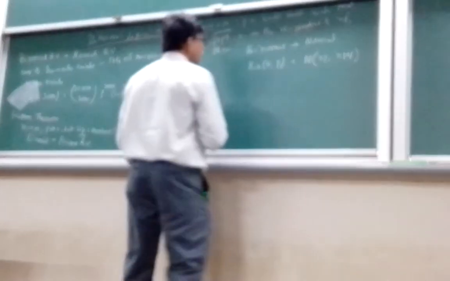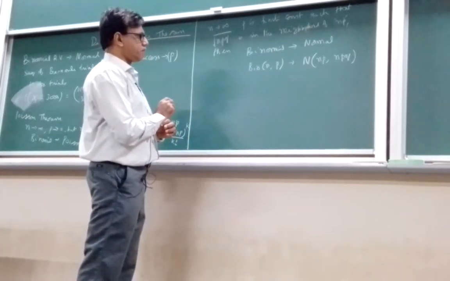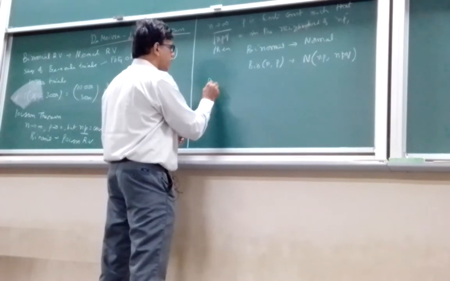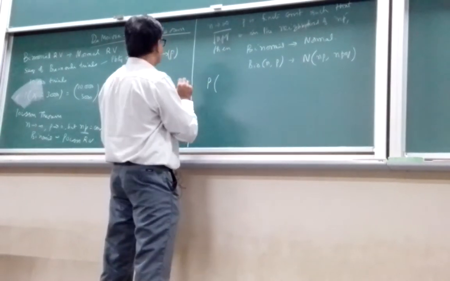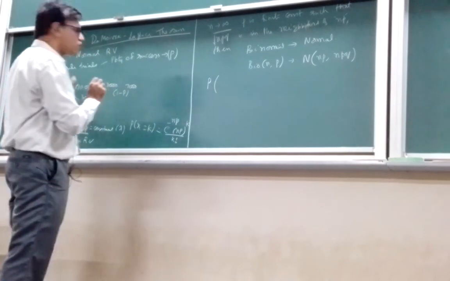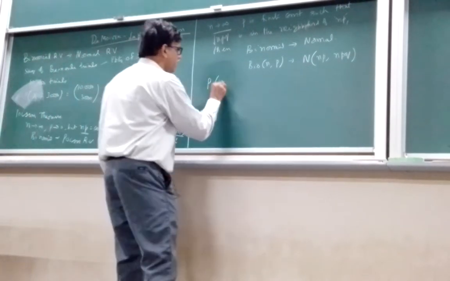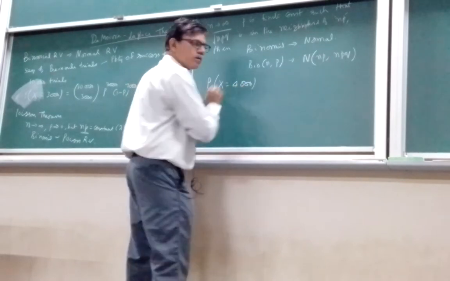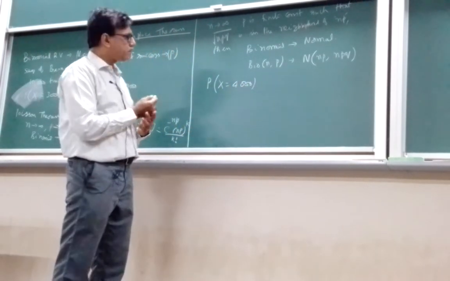Let's say in the case of these 10,000 trials, we want the probability that X equals 4,000.